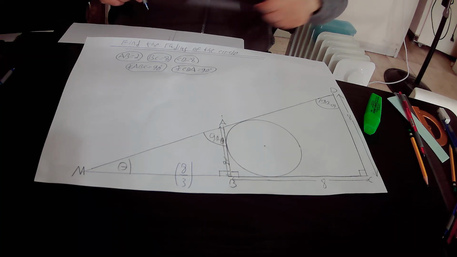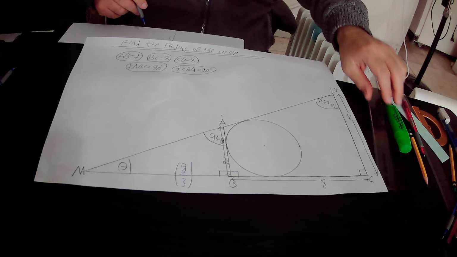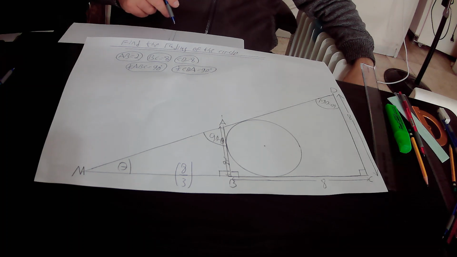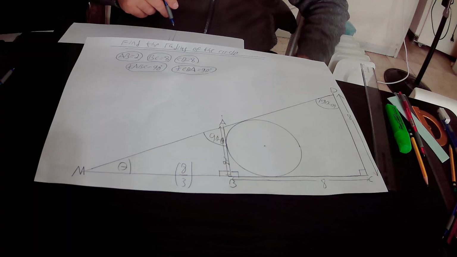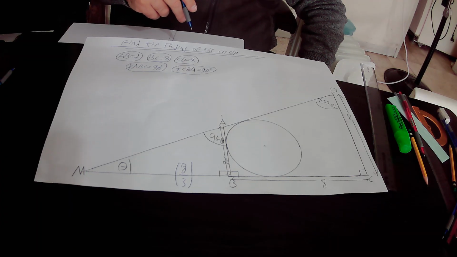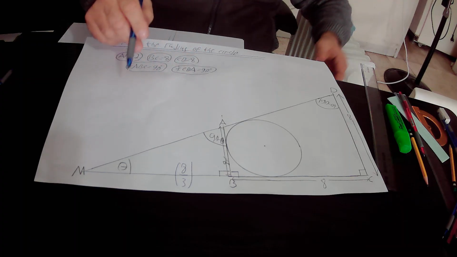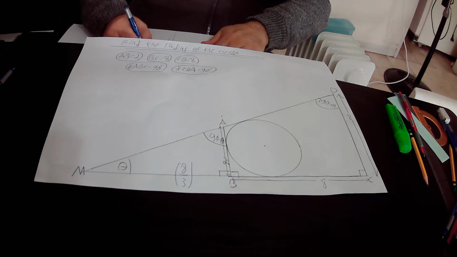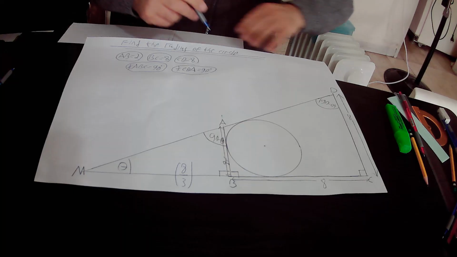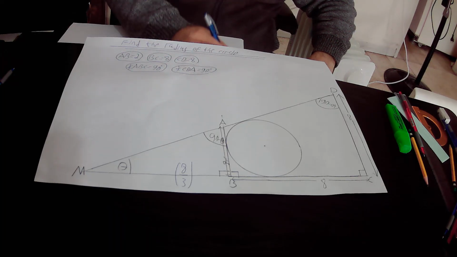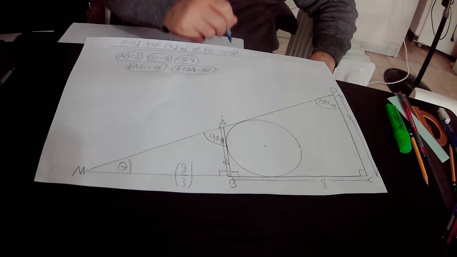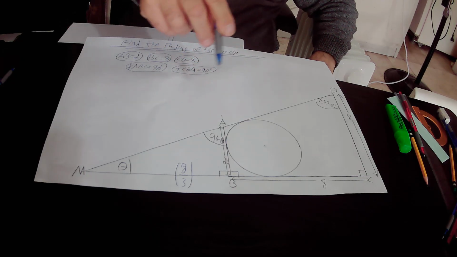According to the Pythagoras theorem, in any right triangle, the square of the hypotenuse equals the sum of the squares of the perpendiculars. The hypotenuse in the right triangle MBA is AM. Therefore, the square of the hypotenuse is AM squared, and it must be equal to AB squared plus BM squared.